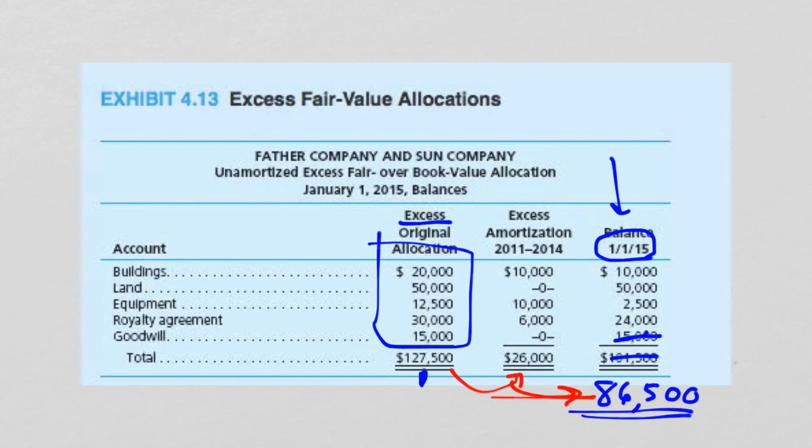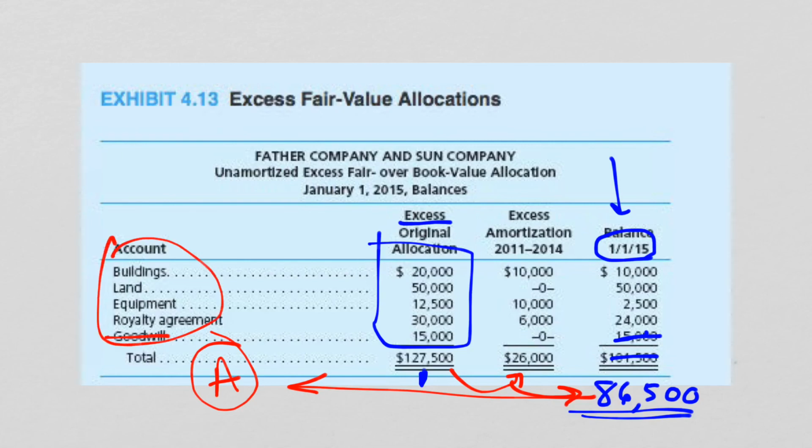So this will be our A entry, booking up the assets. Which assets? All of these, except for the goodwill, in this analysis, since we're only concerned about the non-controlling interest right now. We still will book up the goodwill for the controlling interest share, but for the non-controlling interest, goodwill doesn't come into play because it doesn't belong to the non-controlling interest. So our A entry from a non-controlling interest standpoint is only concerned about this difference. This is the book up at 1/1/15. Again, after the amortization, from here to here, the net is 86.5.